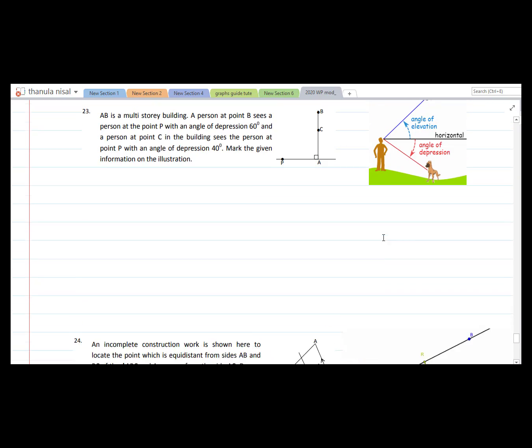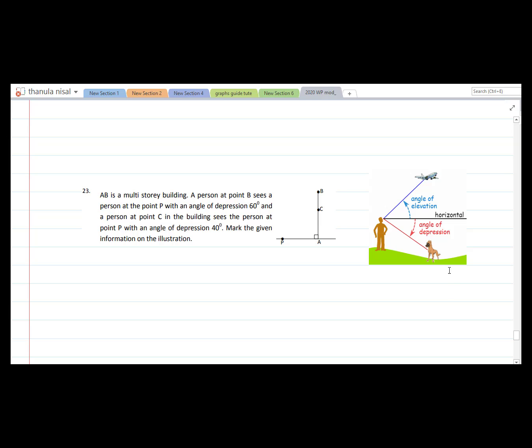Okay, question number 23. AB is a multi-story building. Okay, you can see, I'm just going to mark the angles. A person at B and a person at C in the building see the person at P. A person at point B sees the person at point P with an angle of depression.